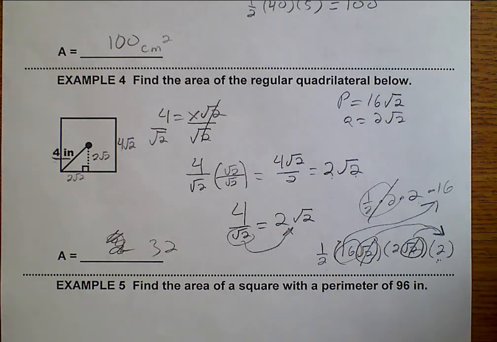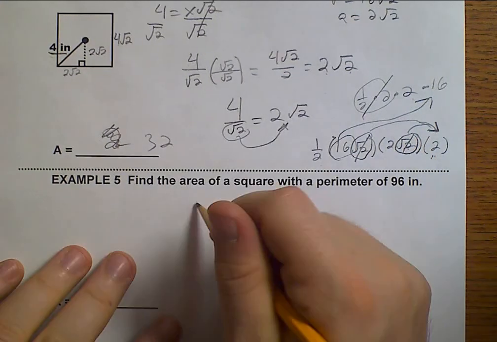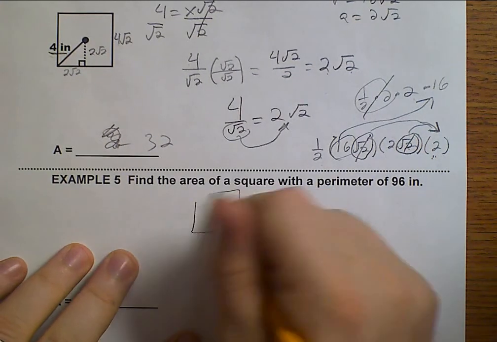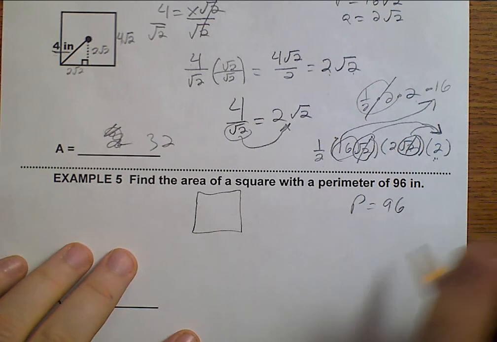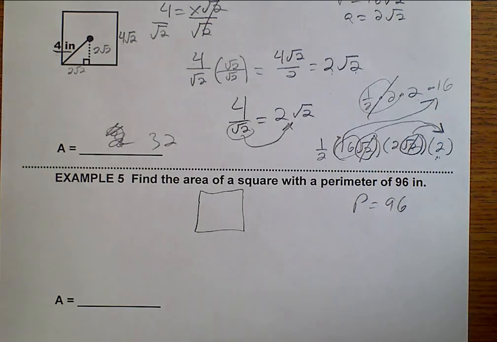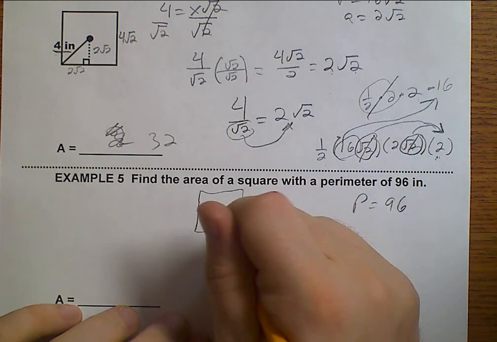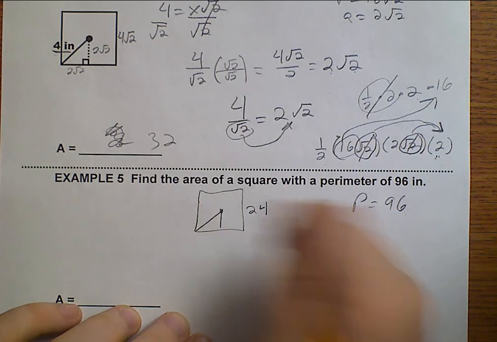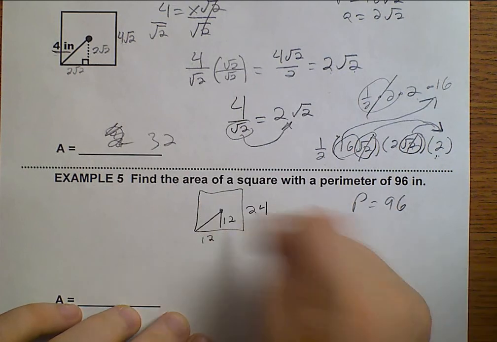Moving on to example number 5. We have a square, and the perimeter is 96. Well, to find the length of my side, I do 96 divided by 4, and I get that my sides are 24. Which means that this is 12, and that is 12.